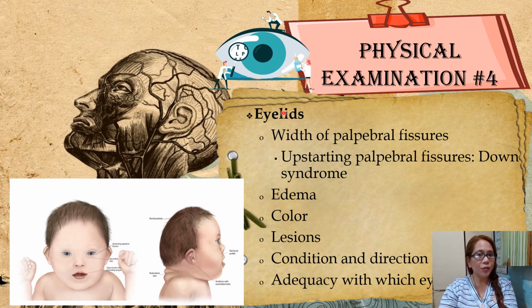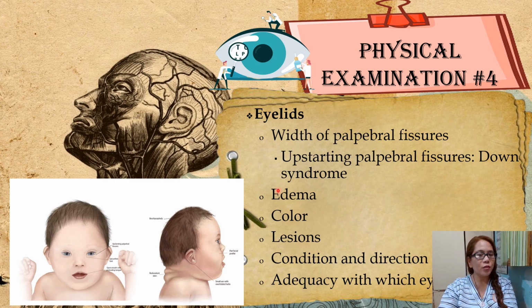Okay, then continue with your physical examination on the eyelids. Check the upper and the lower eyelids for the width of the palpebral fissures. For example, upslanting palpebral fissures could be a sign of, or are commonly seen in, patients with Down syndrome.